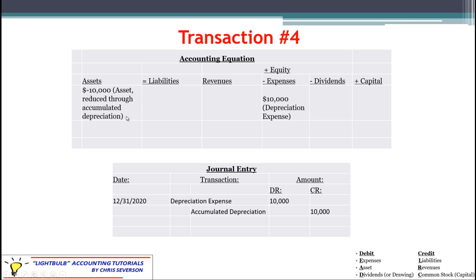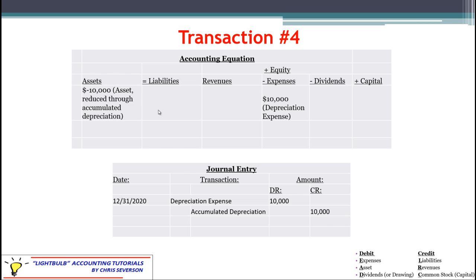So when you first think about that, the adjusting entry here is to record the depreciation. In other words, how much of the asset's value has been used this period. So you might think, well, hey, let's just decrease the asset because part of it's been used. And that would make sense.